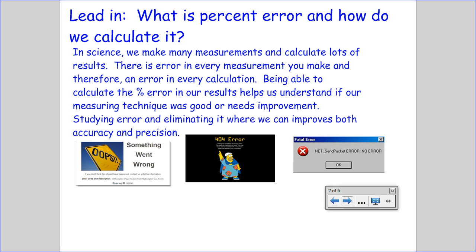So there's reference for these materials. You always know what the density, mass, volume, length, etc. of something might be, so you always want to compare your results to the standard to see how good you were, to see if you need improvement. Okay? By studying error and eliminating it where we can, we improve accuracy and precision, which is something that we scientists are very concerned about in our labs.